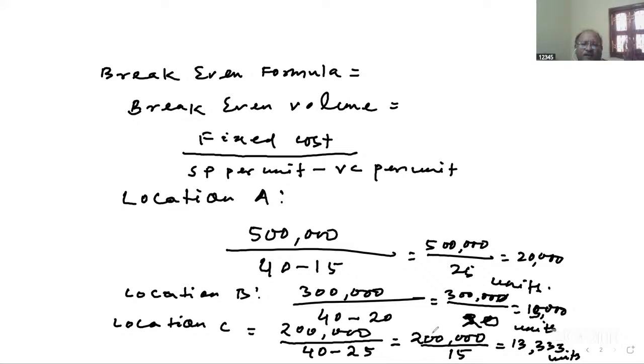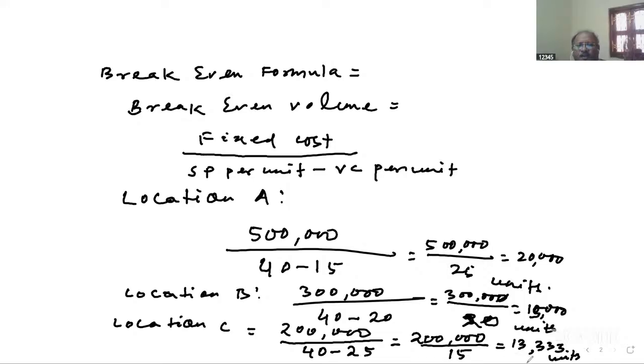Dividing 2 lakh by 15 gives approximately 13,333 units.